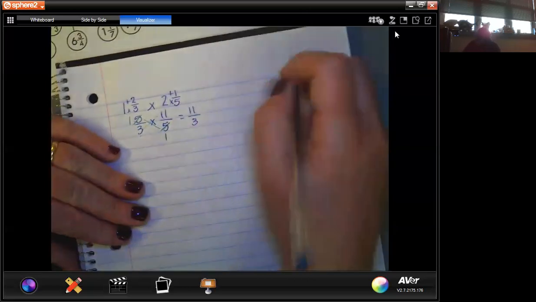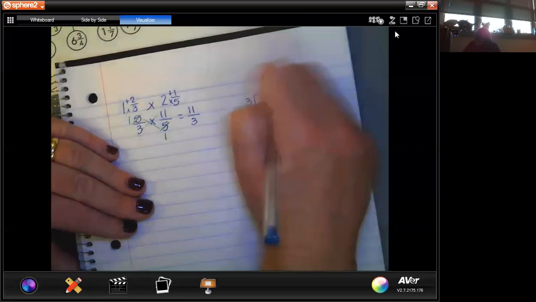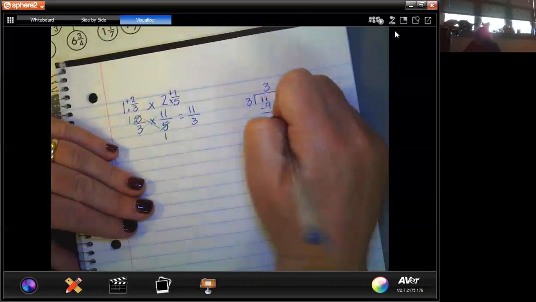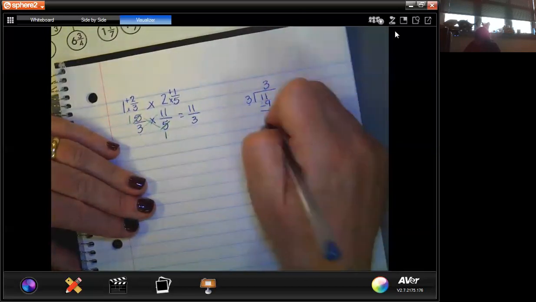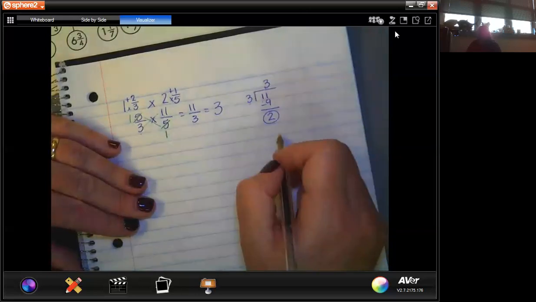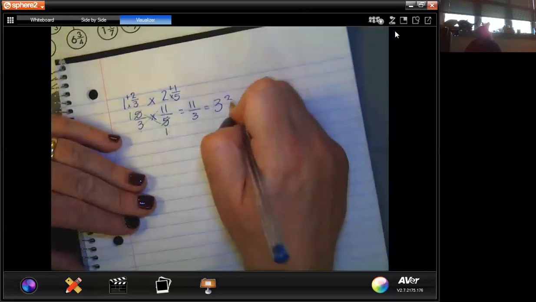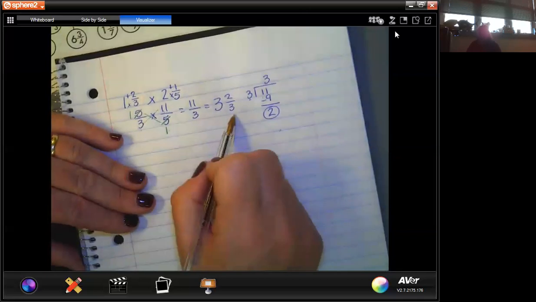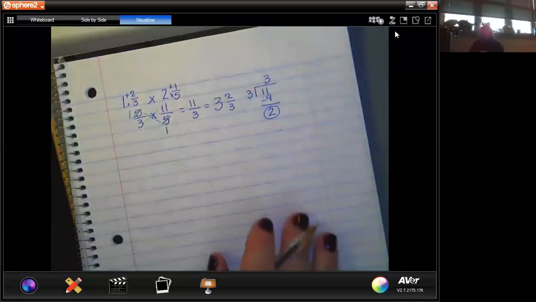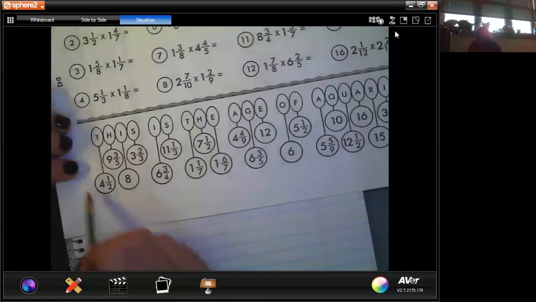Basically, it's like a division problem. 3 goes into 11 3 whole times, which is 9. 11 minus 9 is 2. So my answer is 3 whole, 2 remainder out of thirds. So it's 3 2/3. So we go down here to the bottom and we find 3 2/3.